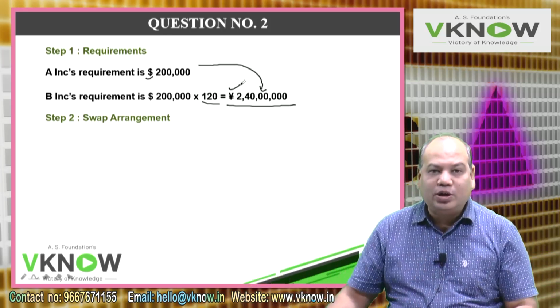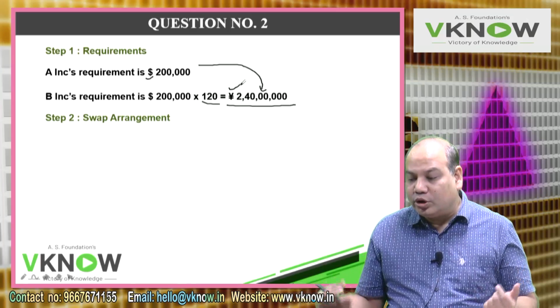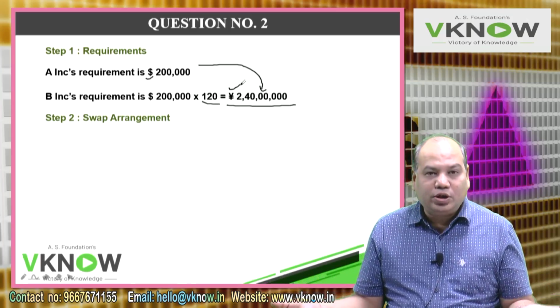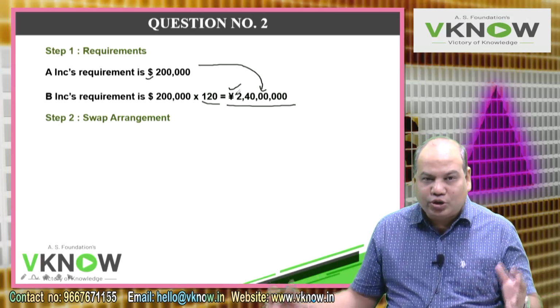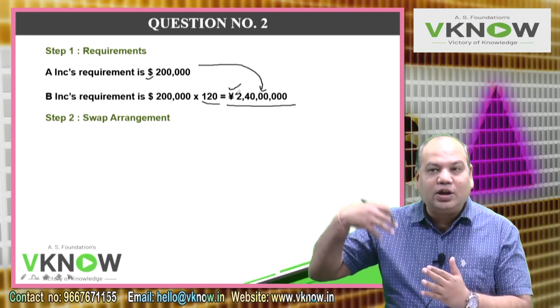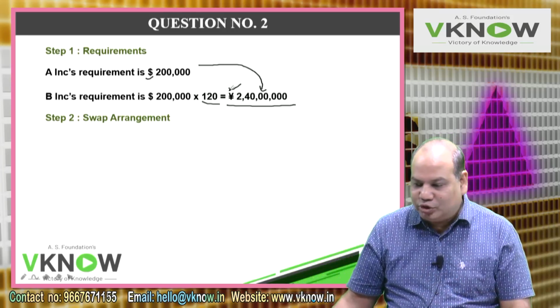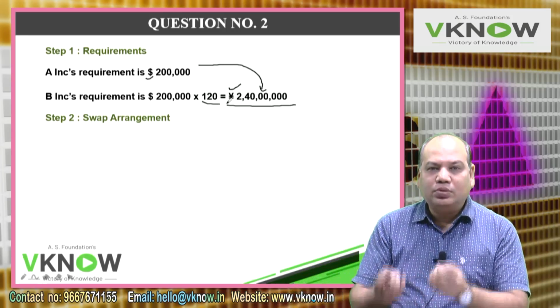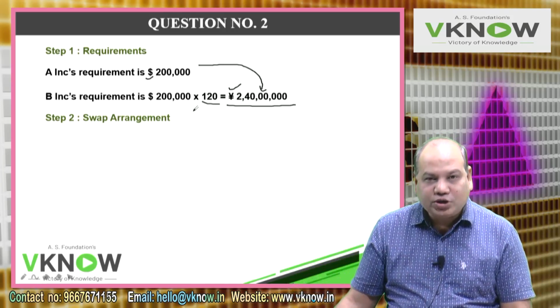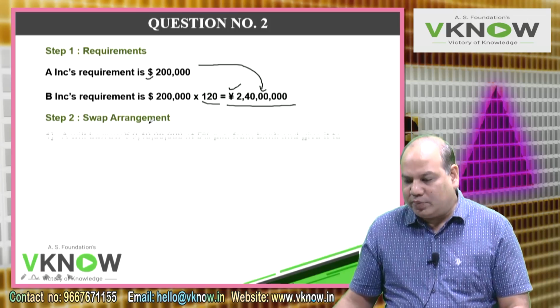Only then swap will come. If A will borrow in dollar, where is the need of swapping? If B borrows in yen, where is the need of swapping? So they have to first borrow in the other currency, which they don't want, and then swap with the currency which they want. So step 2 would be swap arrangement.